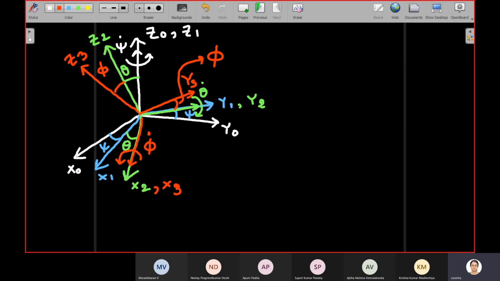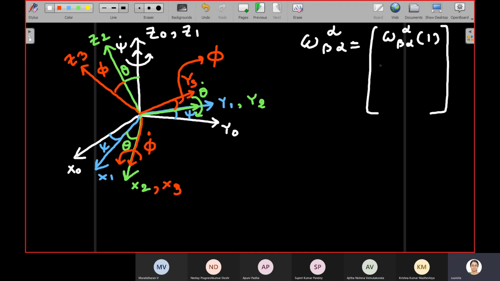And we know that we have been given the angular velocity vector omega. So this is the component of the angular velocity vector about the x-axis.